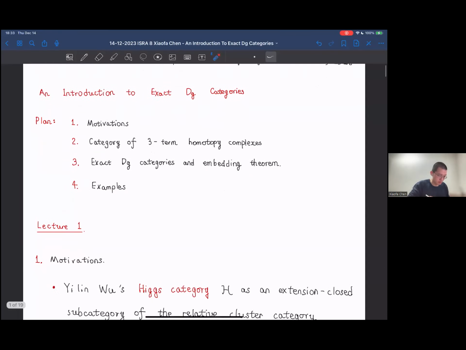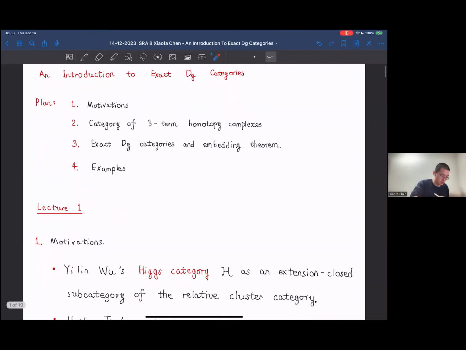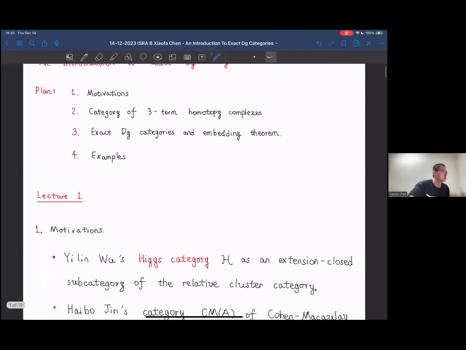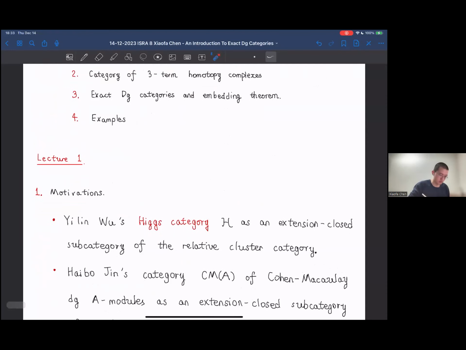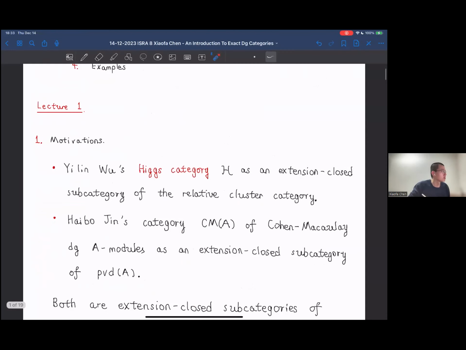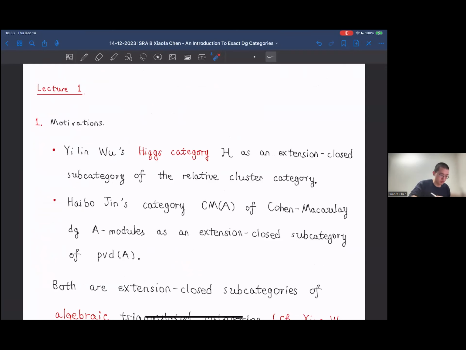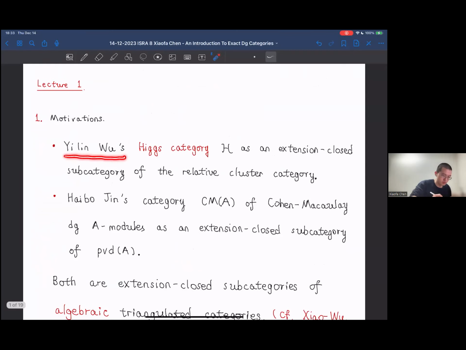So let's start with our motivations. There are two classes of categories that we are interested in. First is the Higgs category H, which is associated with an S-quiver with potential, and it is an extension-closed subcategory of the relative cluster category, and this is a triangulated category.